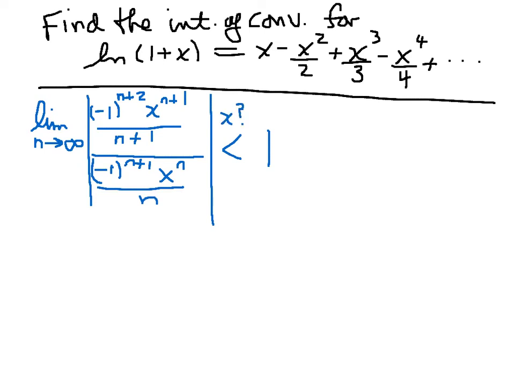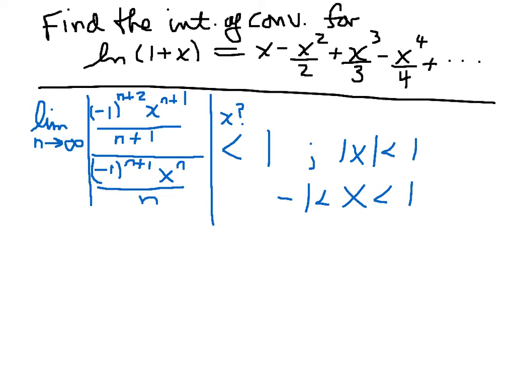We can simplify this a fair amount, and we've already done this before, so we get down to the fact that the absolute value of x is less than 1, which means x is between -1 and 1. And so here's what we know.